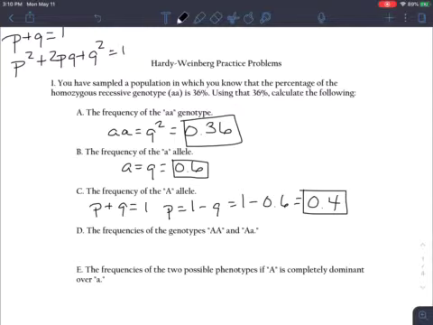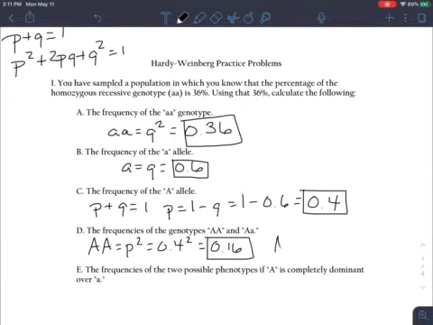So now I want to know what the frequency of the homozygous dominant and the heterozygous are. In order to get the homozygous dominant, AA, this is going to equal p squared, which is 0.4 squared, which is 0.16.